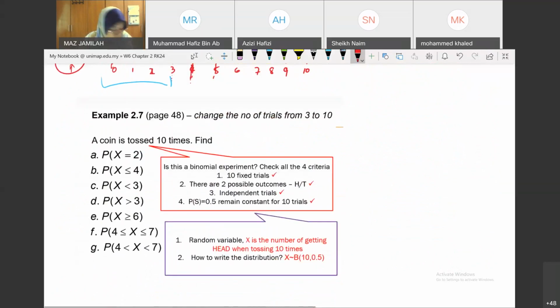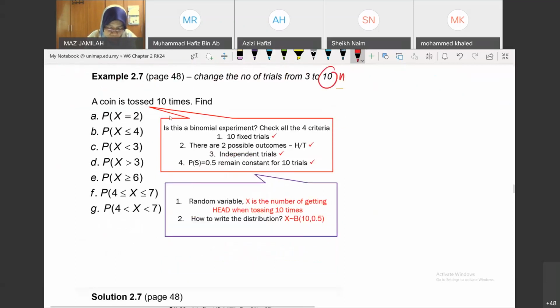Now, let's say you look at your example 2.7 on page 48. As I mentioned just now, in the example, tossing a coin only involved three times, but I change it to 10. So I'm referring to n trials, 10 trials. Now, is this a binomial experiment?